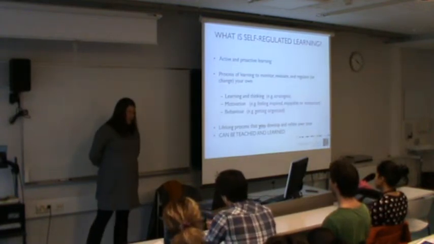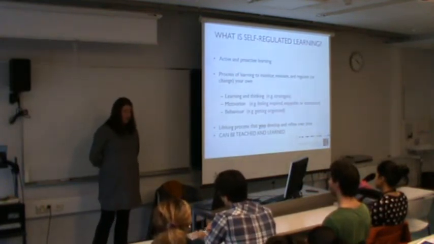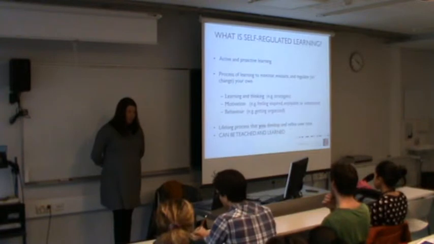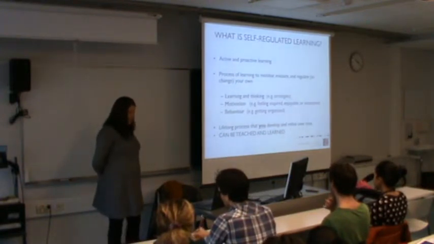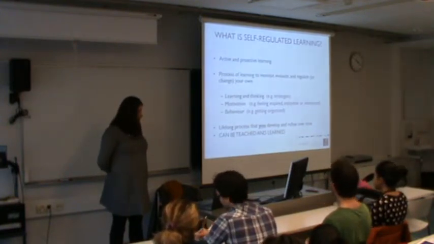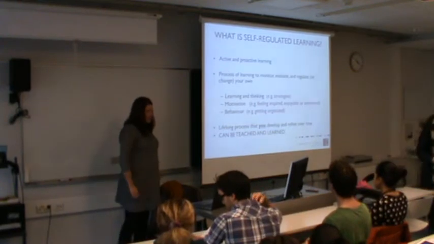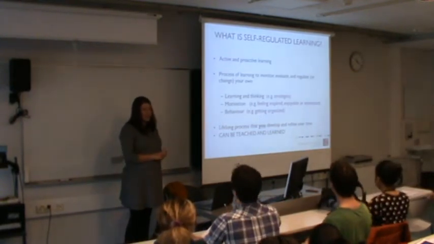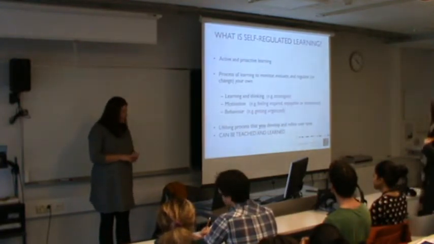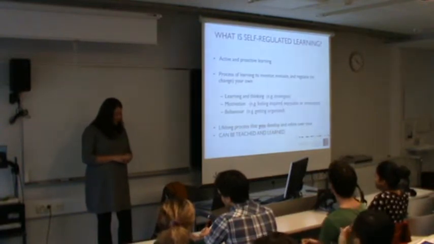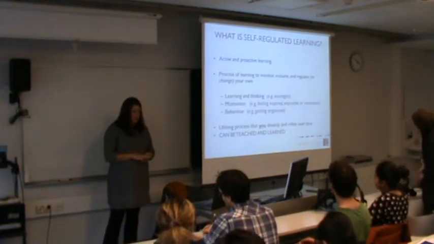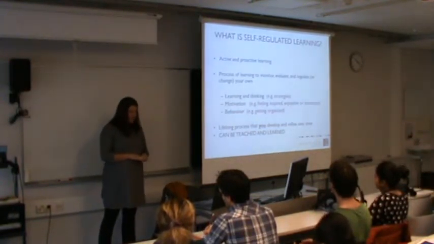And it's a process where learners monitor, evaluate and regulate or change their own learning and thinking, motivation or behavior. So basically, a learner changes learning strategies, becomes aware of his or her own motivational variables, and also thinks of different ways to organize, for example, a learning environment or a task.